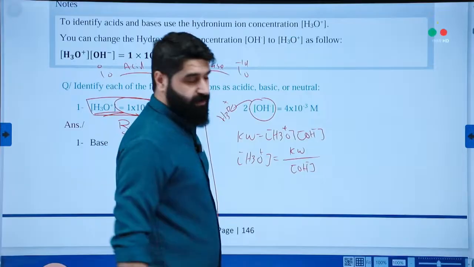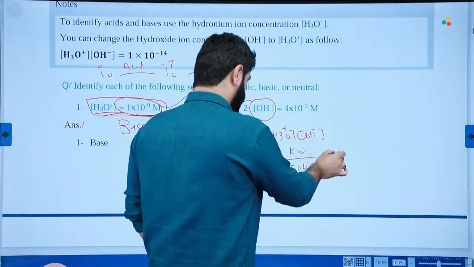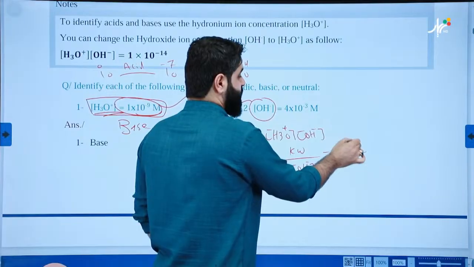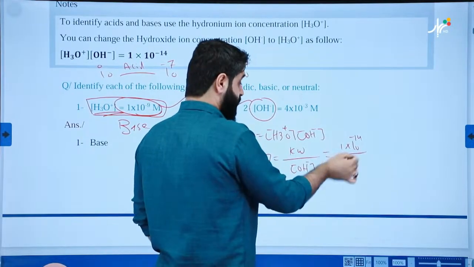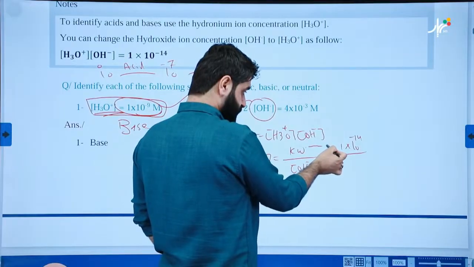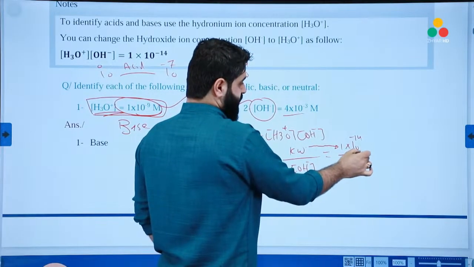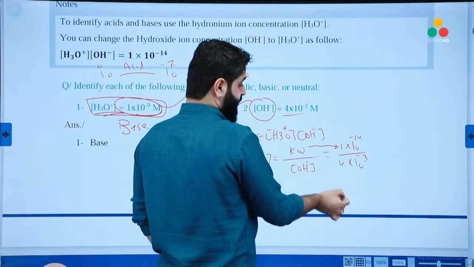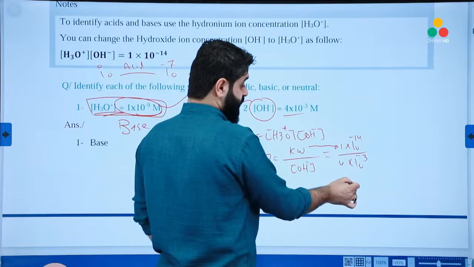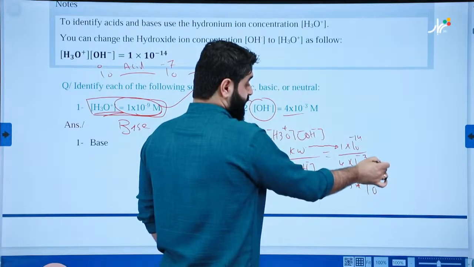Now H3O equals 1 times 10 to the power negative 14 over OH, this is Kw, of course. And OH equals 4 times 10 to the power negative 3. So this will become 0.25 times 1 times 10 to the power negative 11.